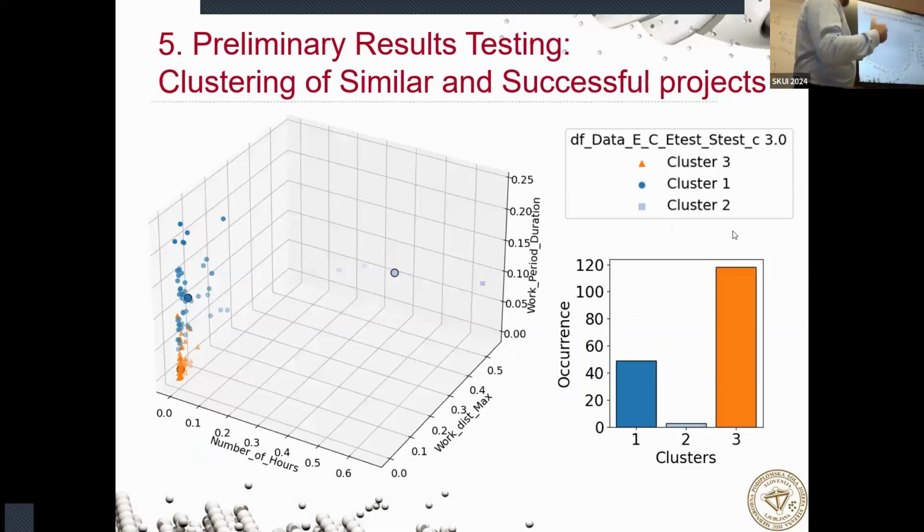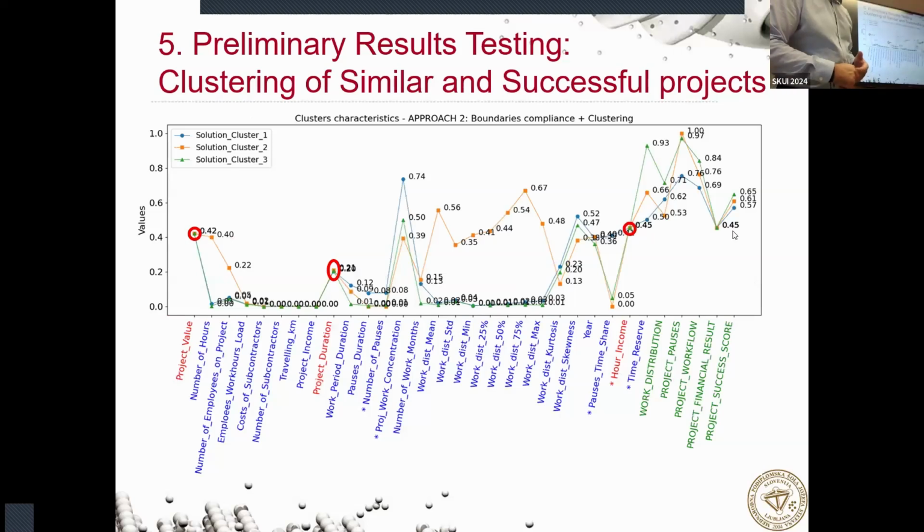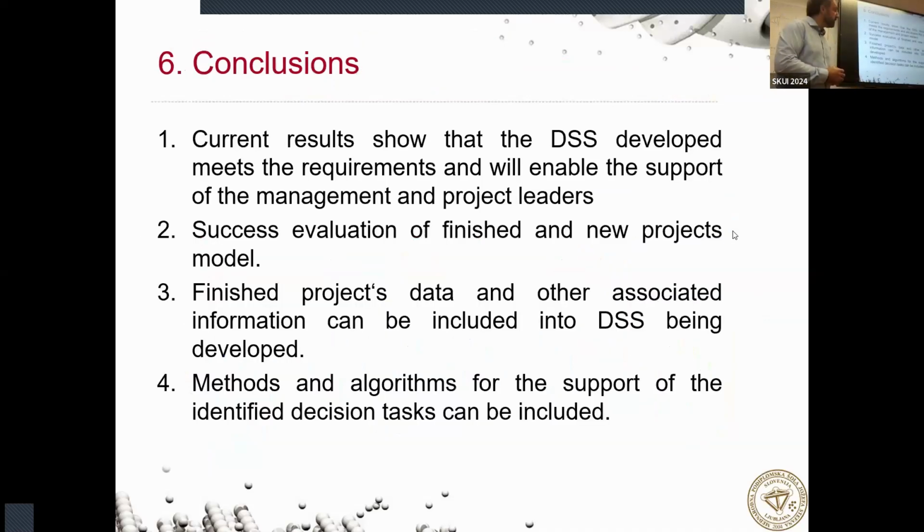A further development of this idea could be to cluster the successful and similar projects again and observe how this segmentation can offer additional information for the decision making. And here you can see these 3 clusters, and these parameter values of these 3 clusters can also be used in further steps.